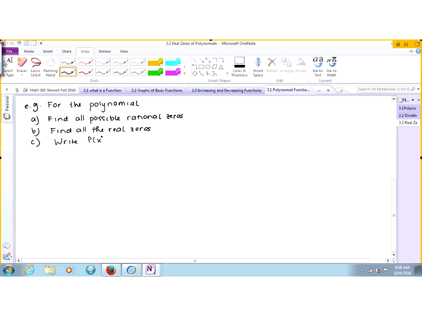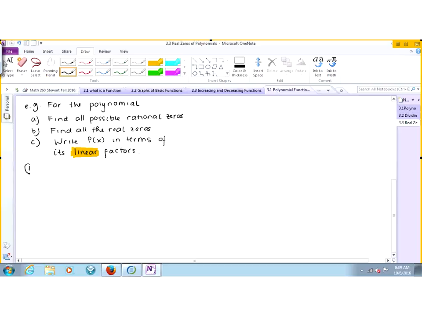C, write P of X in terms of its linear factors. Okay?